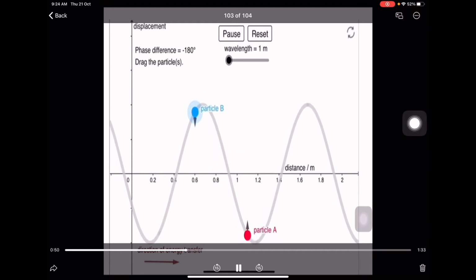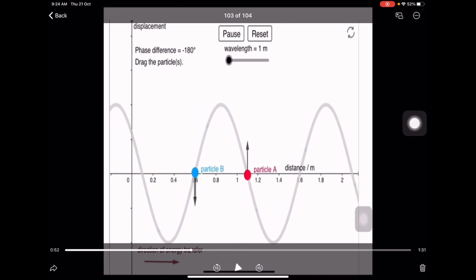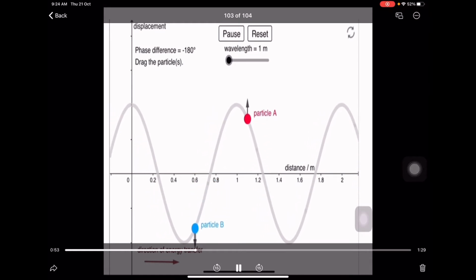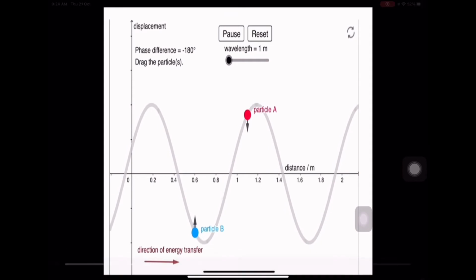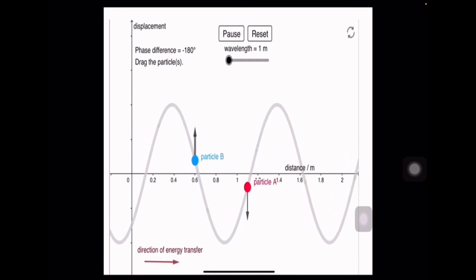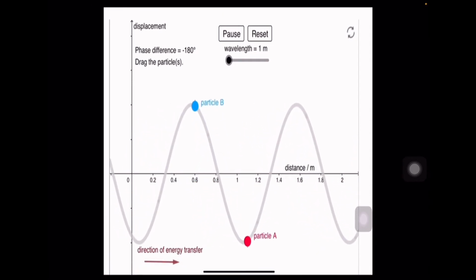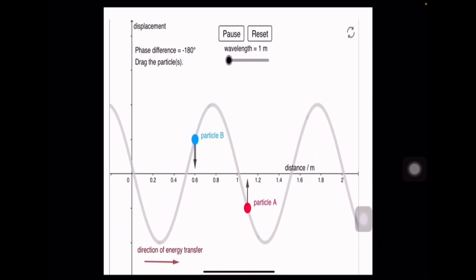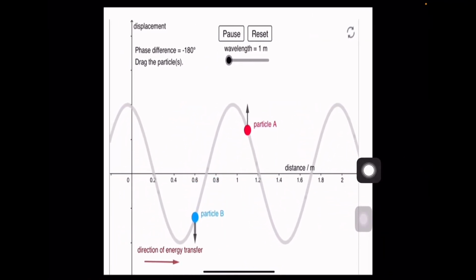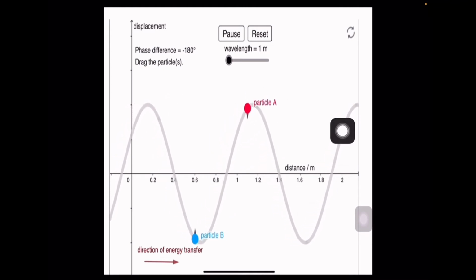Okay, so when they're going down, at the equilibrium position, you can see that the maximum velocity is reached for particle A and particle B, but in different directions. So you have to understand that. For vibrational particle velocity, it changes with time. But for wave propagation, the grey wave profile moves with constant speed, constant velocity.